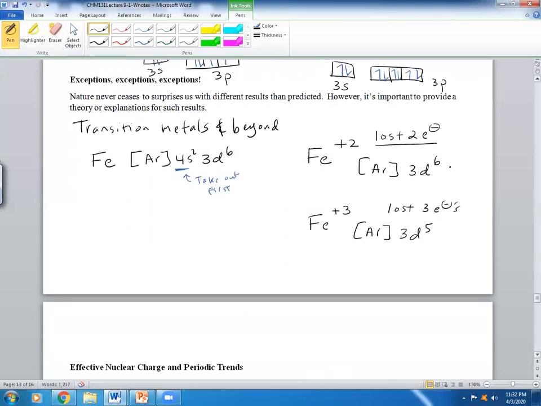And here's what I'm going to write as an explanation. 2 electrons lost from the 4s, 1 electron lost from the 3d. That accounts to 3 electrons lost. So keep that in mind.